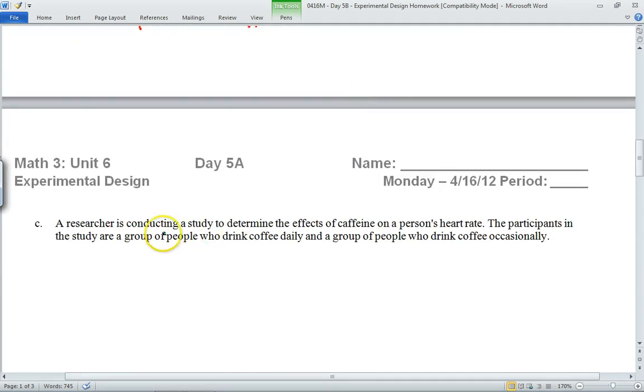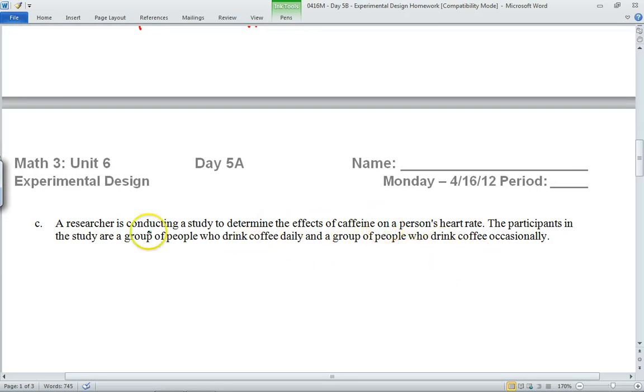Oh, there's another part down here. Part C. A researcher is conducting a study to determine the effects of caffeine on a person's heart rate. The participants in the study are a group of people who drink coffee daily and a group of people who drink coffee occasionally. Okay? So, we don't have a group that had no caffeine at all.